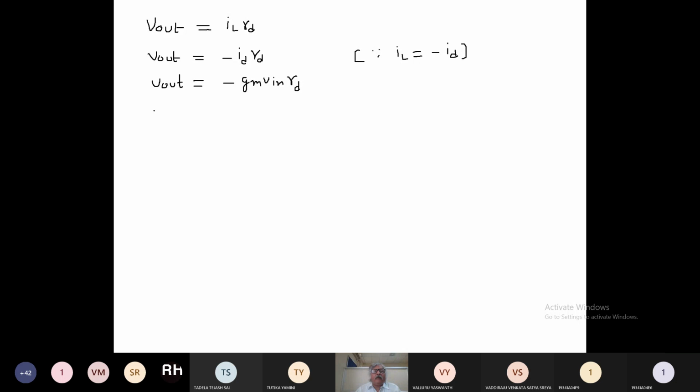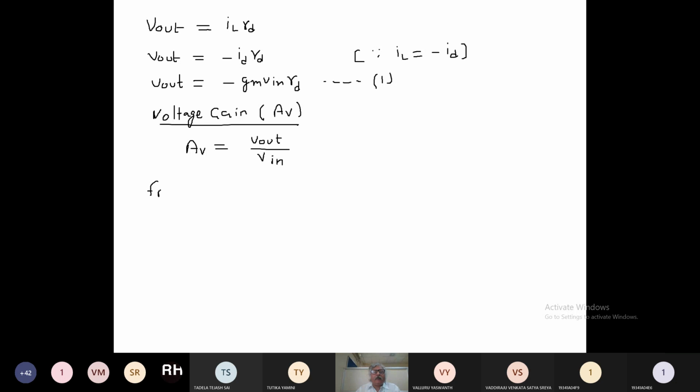Now voltage gain. AV is equal to Vout by Vin. Right? This is our equation number 1.